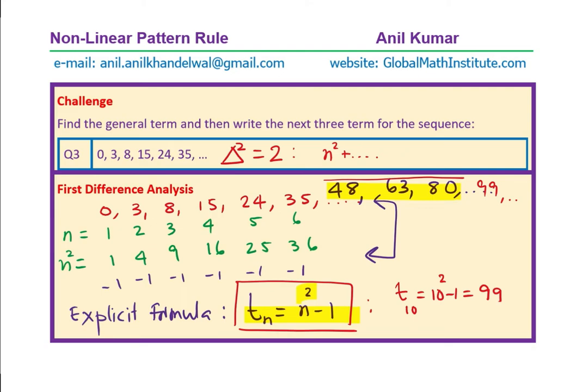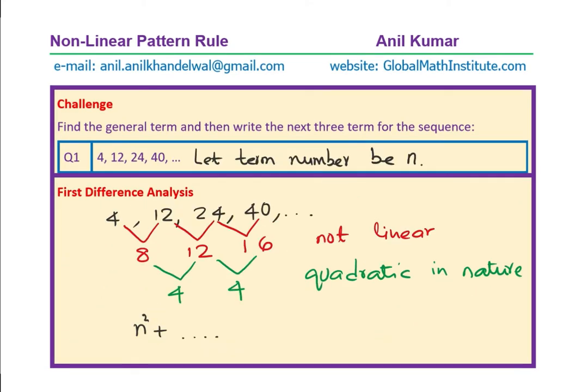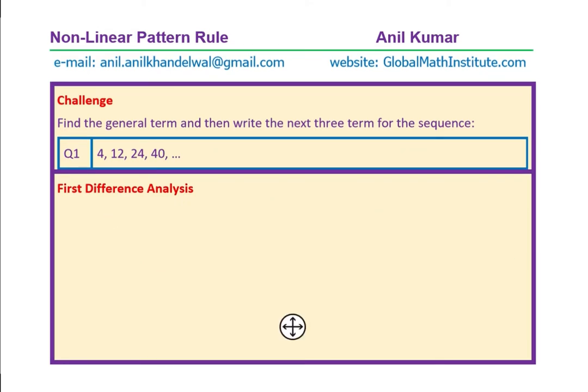Okay. Now let's get back to question number 1, which was also quadratic in nature. Can you figure this out? What could be the formula? Use a strategy very similar to what we used in answering question number 3. Okay, let's copy the sequence and figure this out.